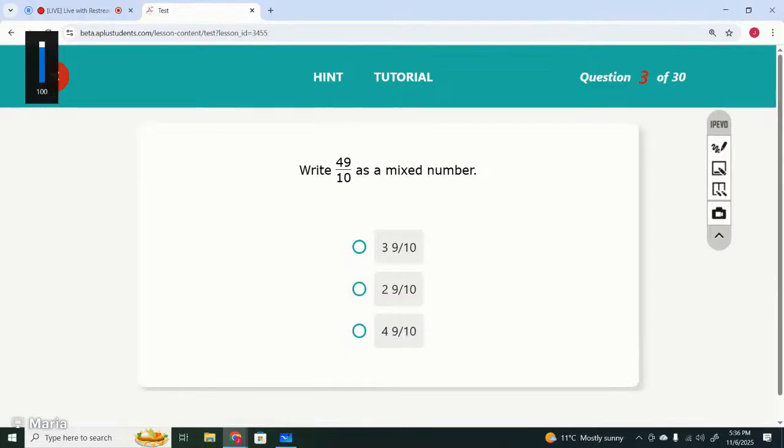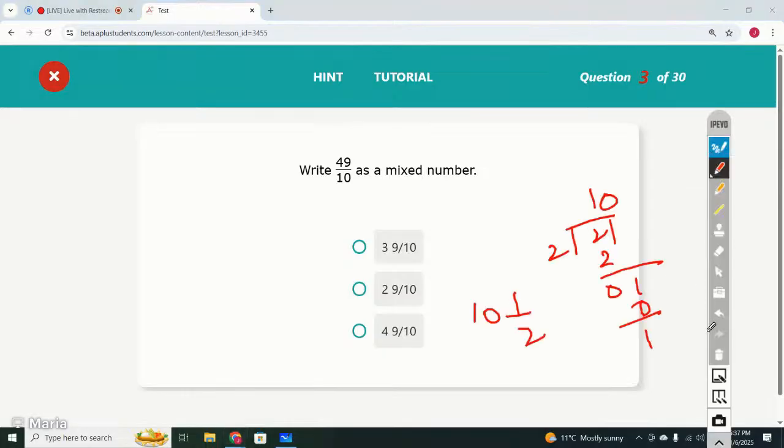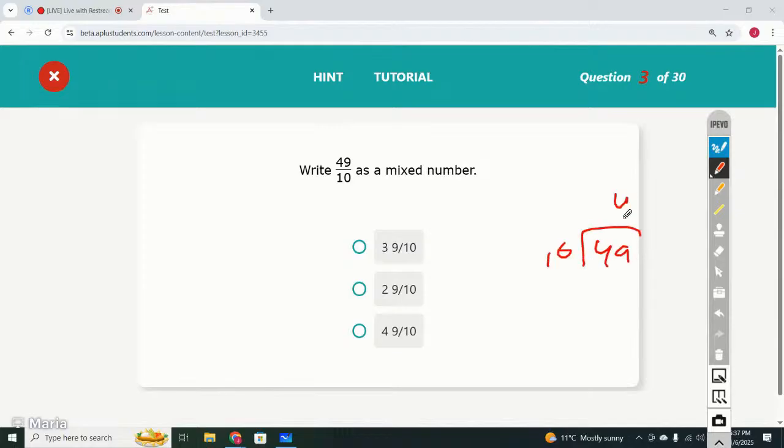Write 49 by 10 as a mixed number. Simply divide. 10 times 4 is 40.